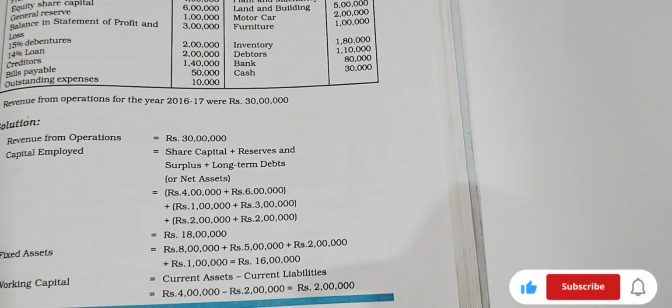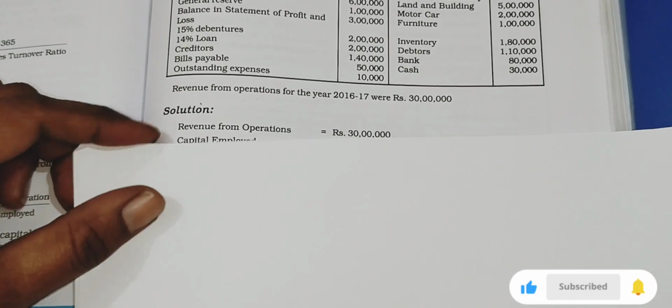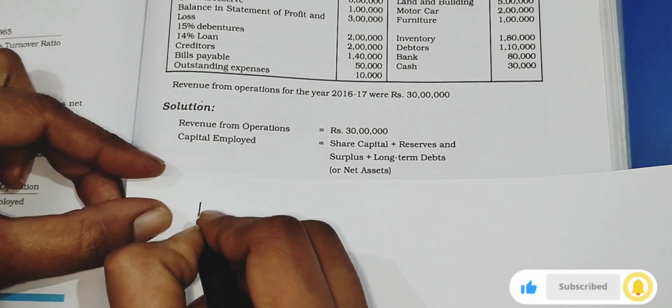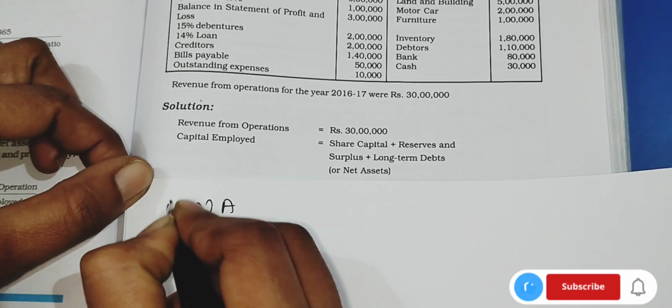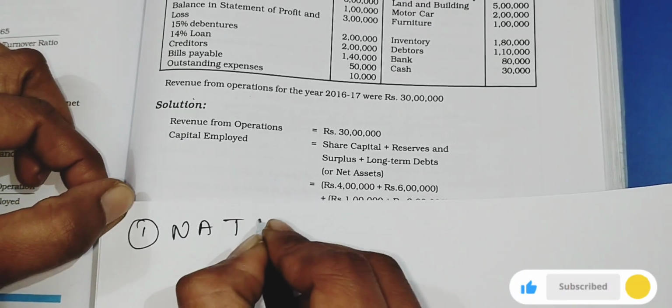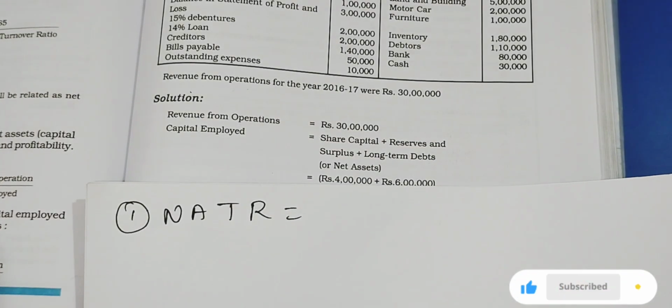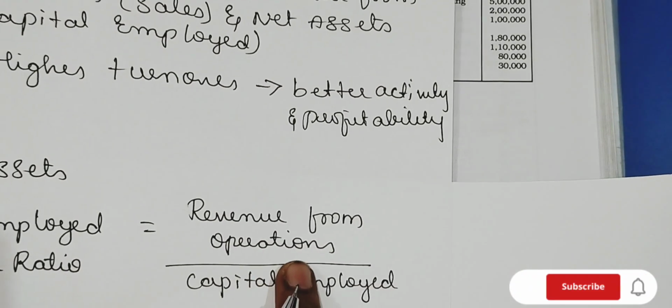Now let us calculate first the net asset turnover ratio. So what is the formula for net asset turnover ratio? Revenue from operations divided by capital employed.